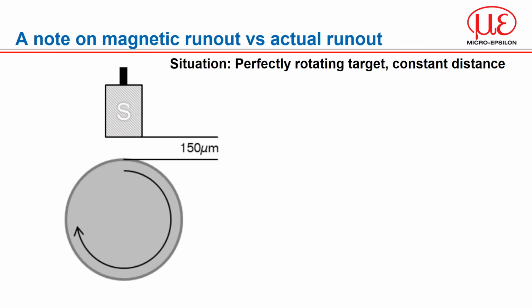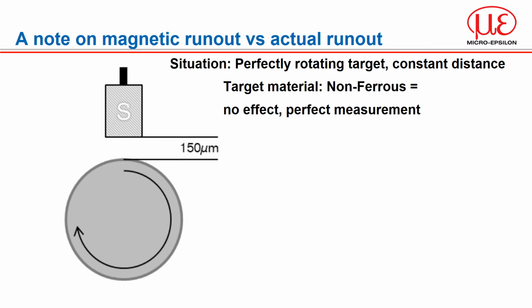Imagine a scenario where you have a perfectly rotating target with constant gap. If that target material is non-ferrous, then an eddy current sensor will measure the gap perfectly as the shaft rotates. Now consider a ferromagnetic metal like iron, nickel, cobalt or alloys.